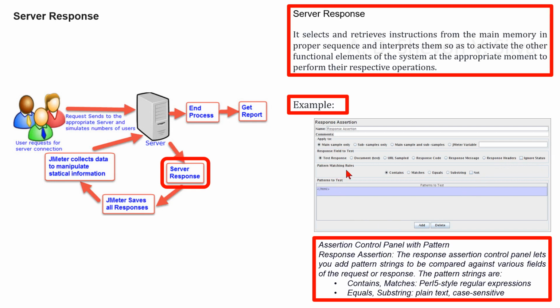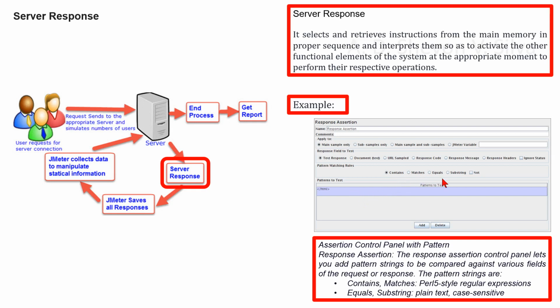Now here you can see pattern matching rules. This attribute indicates how the text being tested is checked against the pattern. Contains: true if the text contains the regular expression pattern. Matches: true if the whole text matches the regular expression pattern.